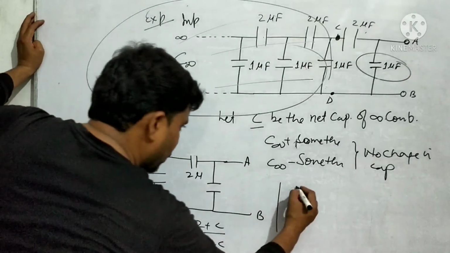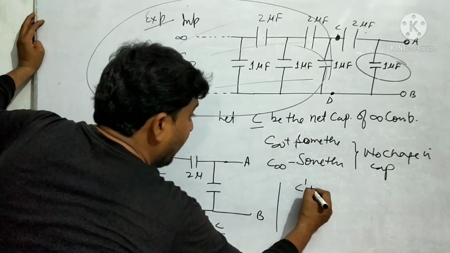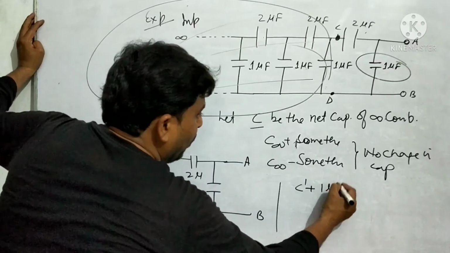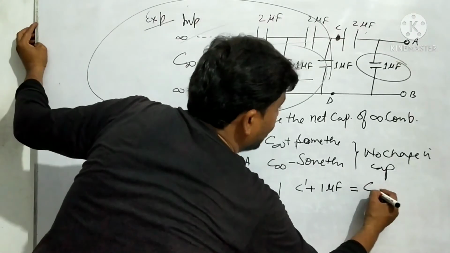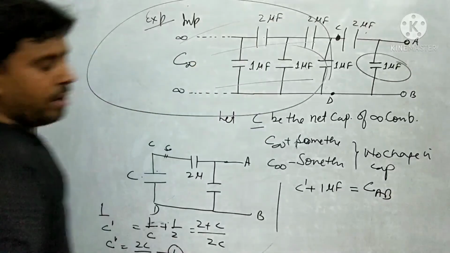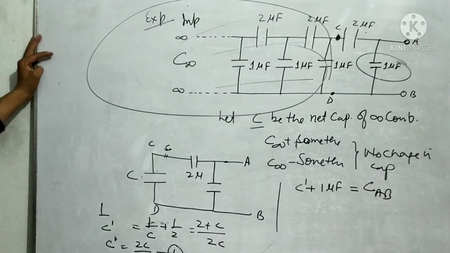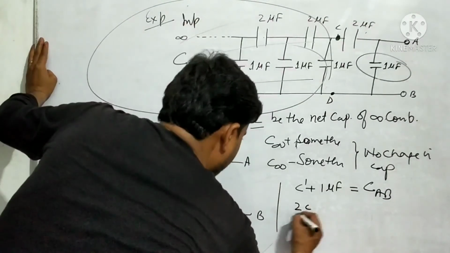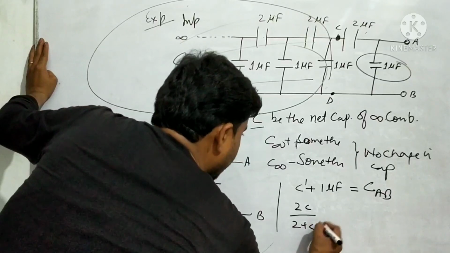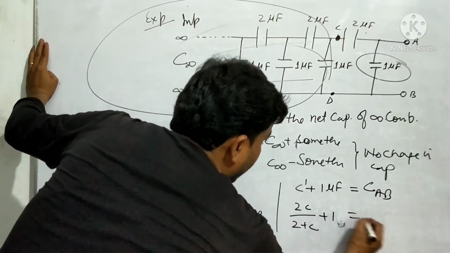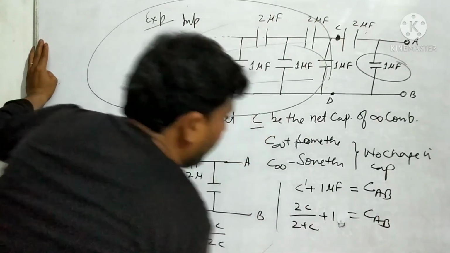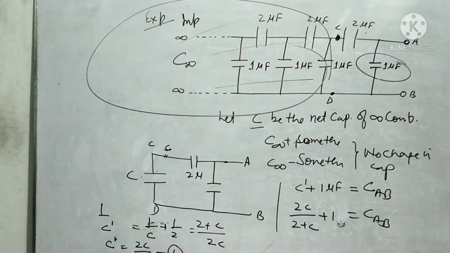So C dash plus 1 microfarad is the capacitance of AB. Net capacitance of AB. That is, C dash, how much? 2C over 2 plus C plus 1 microfarad. That is CAB. Now solve it. So this is the process.